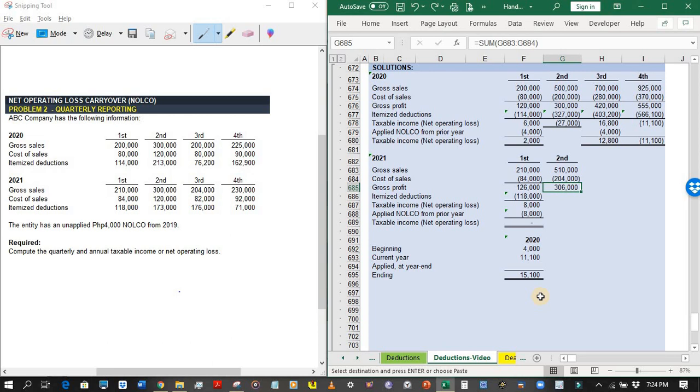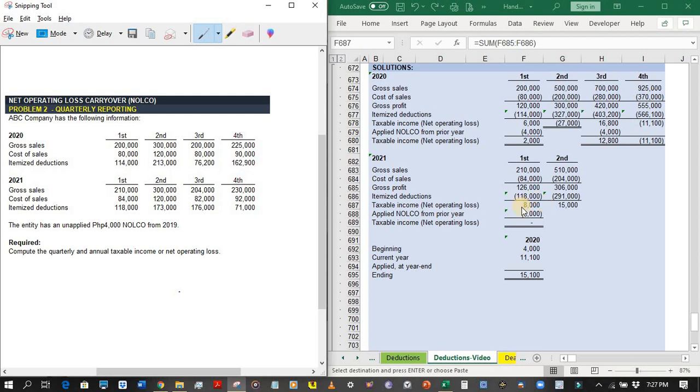Then let us deduct the itemized deductions for the first 6 months of 2021. So that is 291,000 pesos. Then the taxable income for the first 6 months is 15,000 pesos. So we have a taxable income of 15,000 for the second quarter. And this covers the first 6-month period of 2021, which means that it includes the 8,000 taxable income during the first quarter.